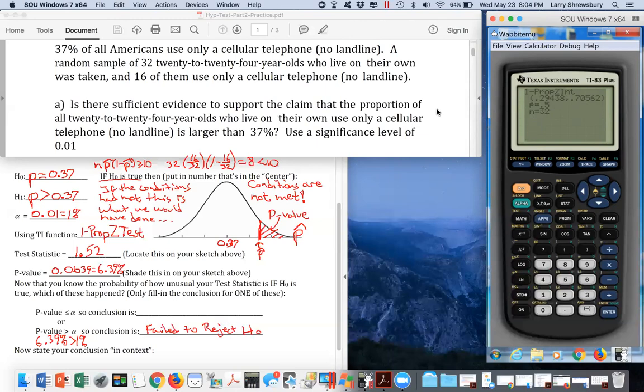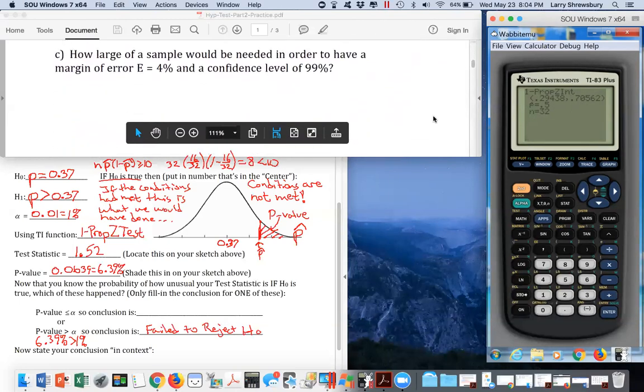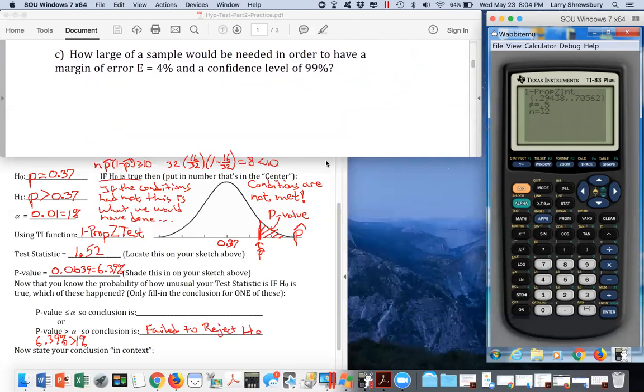So the next logical thing is, well, now, how large of a sample would be needed in order to have a margin of error? Now, let's see, what is our margin of error with this one? Well, let's just approximate it. So that would be 0.7056, we'll go out 4 decimal places, minus 0.2944, rounding off.